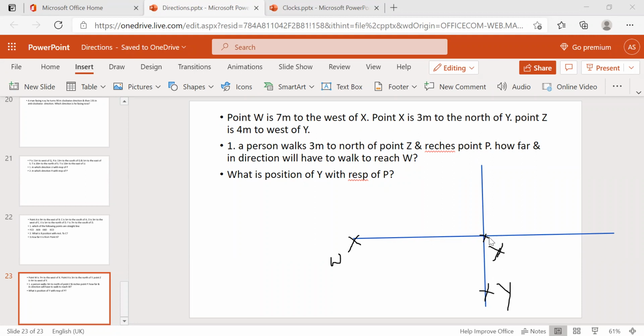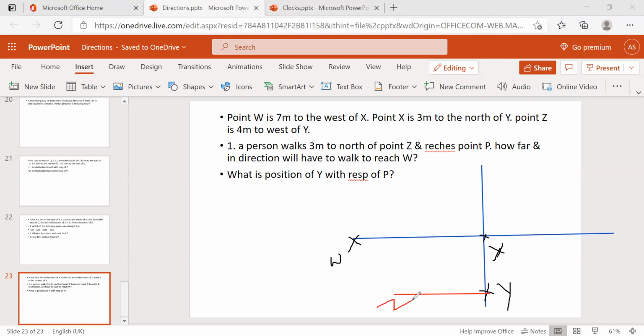Clear. Then point Z is 4 meters to the west of Y. So Y is here, and west will be this one. From here, how many meters? 4 meters. But it is Z.